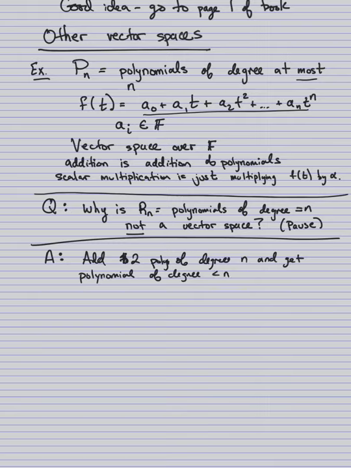So for example, 1 plus t and 1 minus t. Of course this is something to be careful of when you're defining your multiplication and addition, that you need to stay within the set for both of them to be well defined.